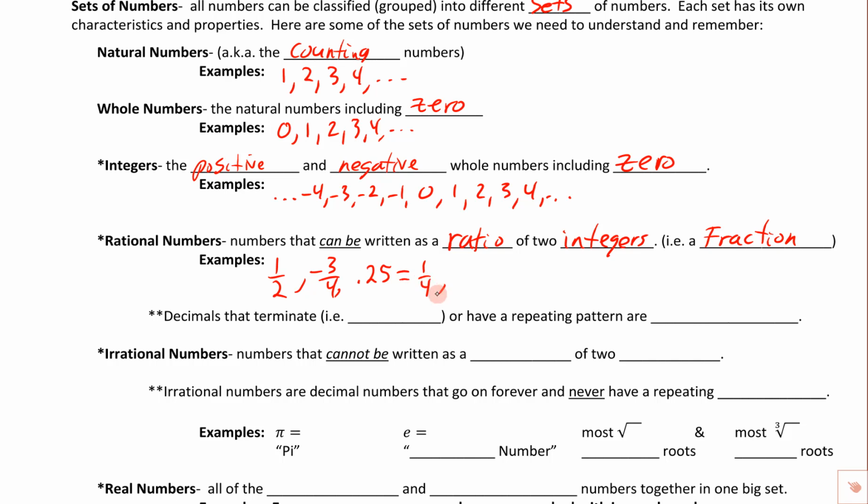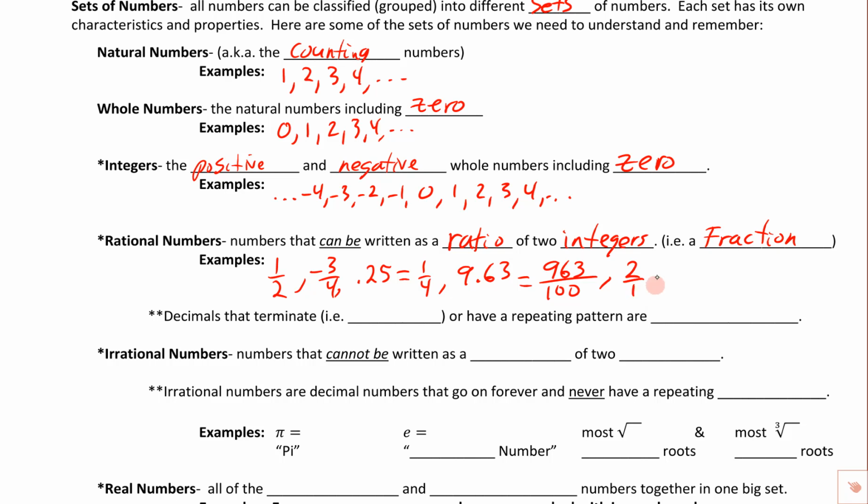In fact, if we've got any number that has a terminating decimal or a repeating pattern, and we're going to see this in the next couple days, but if I write down something like this, 9.63, that is 963 hundredths. Okay, so we could take that decimal and we could write it as a fraction. We could also take numbers like the number 2. 2 is a fraction.